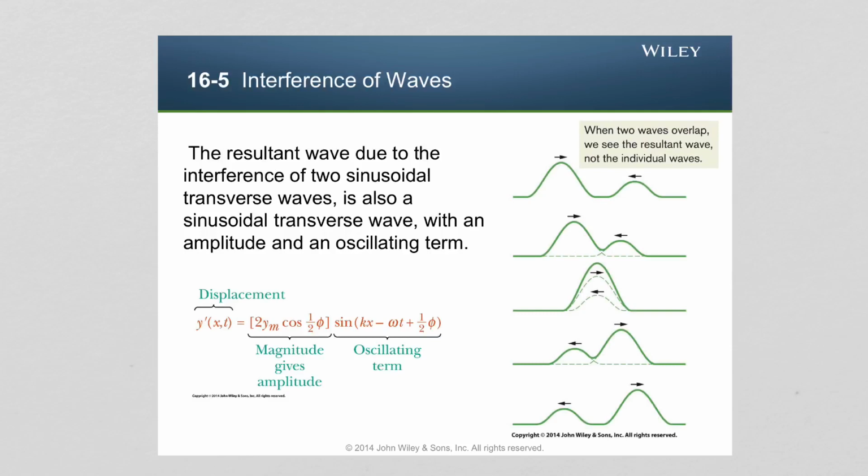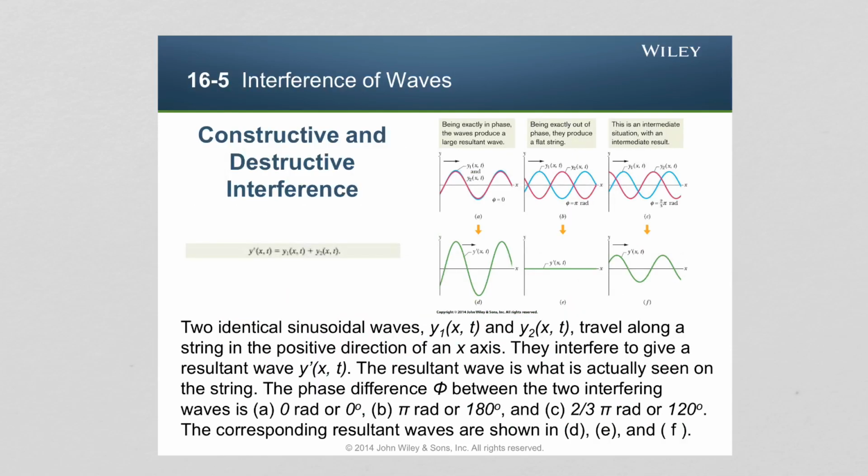Since the two waves that are going to interfere on the rope have different phases, the phase angle here is very important because the phase angle will determine whether this sine function here will have a value of 1 or 0 or whether it's going to be somewhere in between. So we have two extreme cases depending on the phase angle, and those two extreme cases are known as constructive and destructive interference.